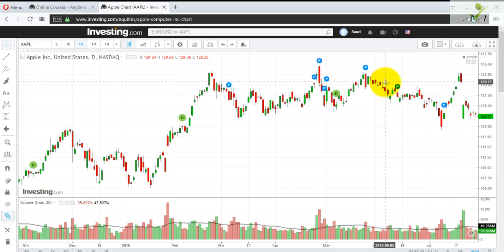And it is on the resistance, because if you look at it here, the previous high is 130.94 and the high of this candle is 130.58. So if it had risen, it could have crossed it right here. Again, it's exact.